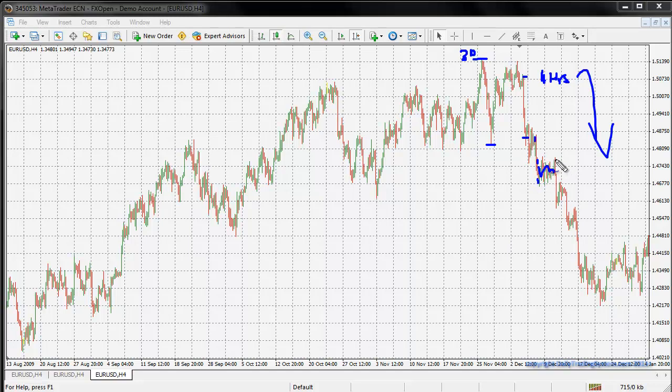But then you get a huge candle, 1, 2, and then boom, down it comes. So this is all a part of market sentiment and trying to work out when the market is going to drop. We're going to be using that kind of analysis in conjunction with the indicators that are available within the MT4 trading station.